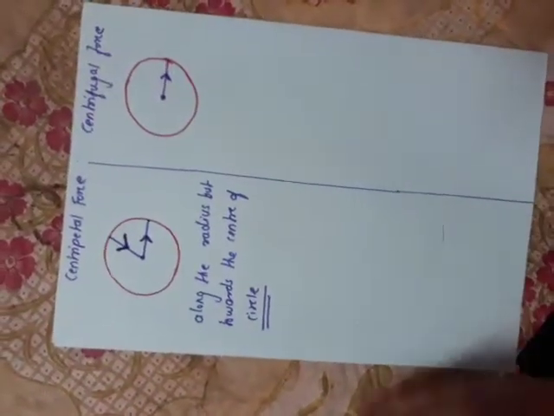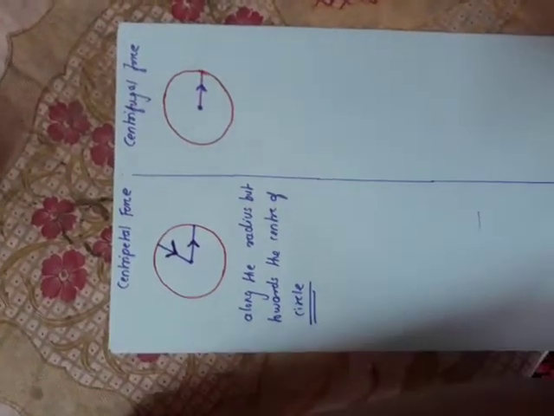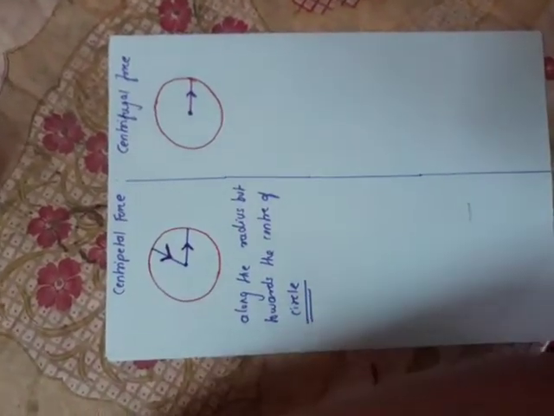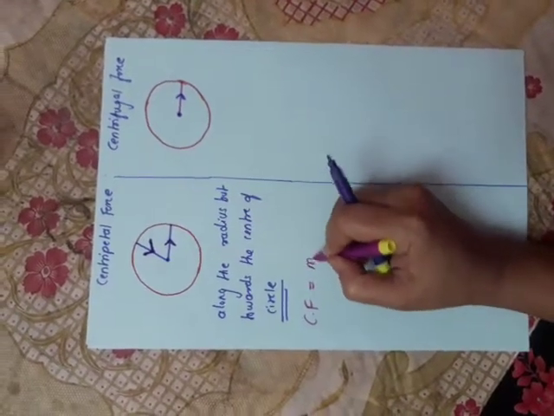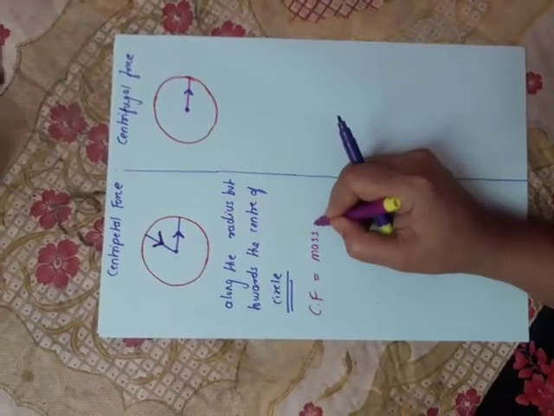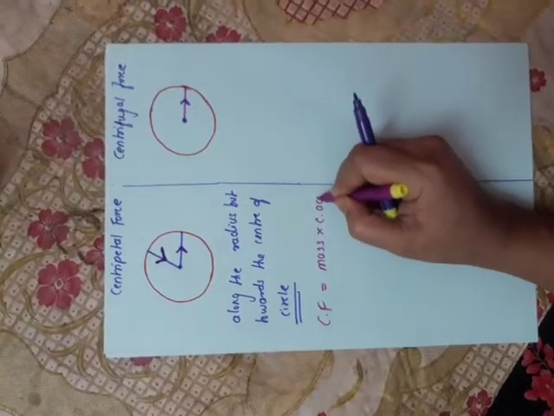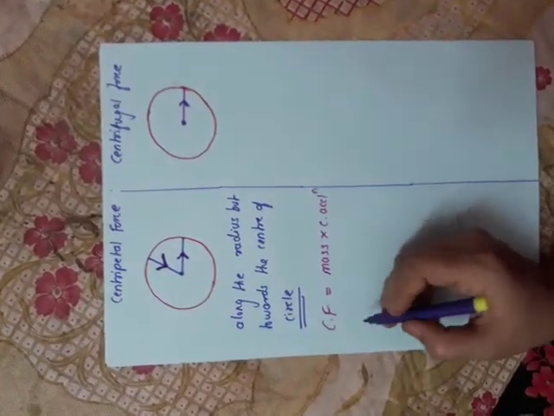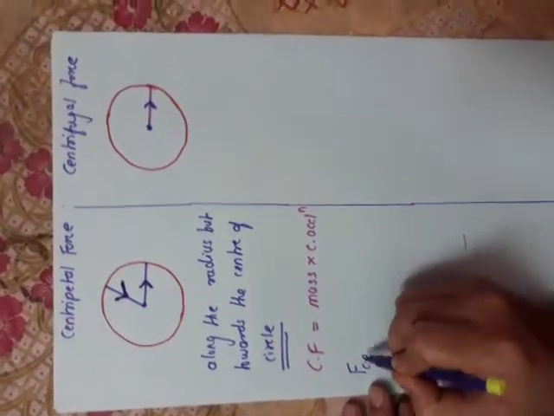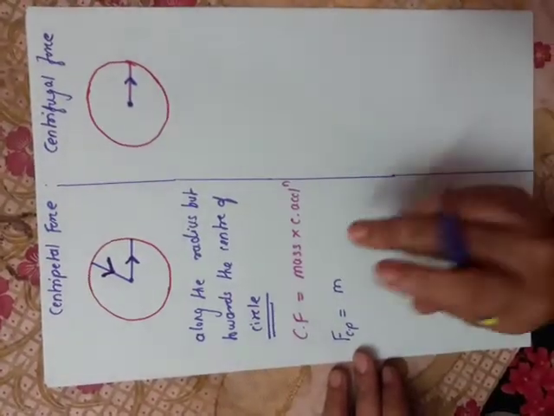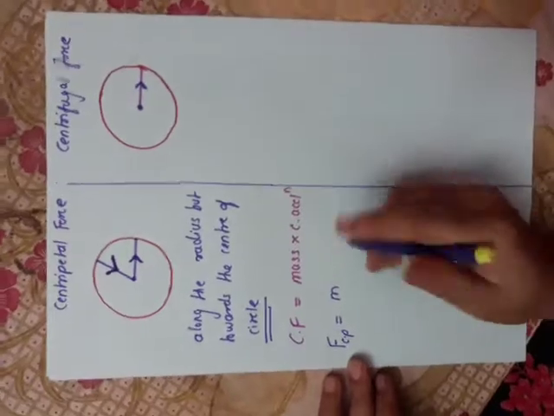The formula for centripetal force: centripetal force is equal to mass into centripetal acceleration. We denote it by F CP, with mass as it is, and centripetal acceleration has two formulae.